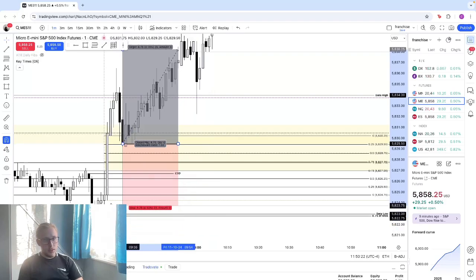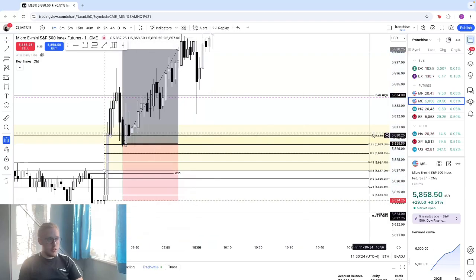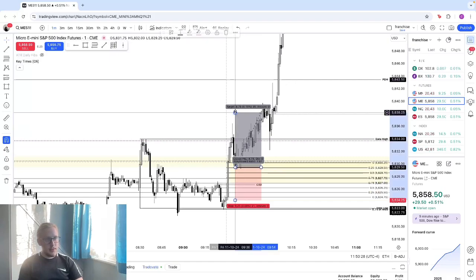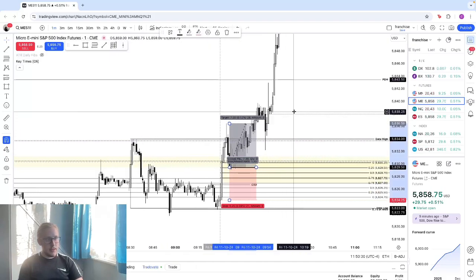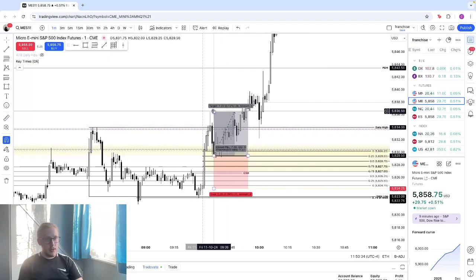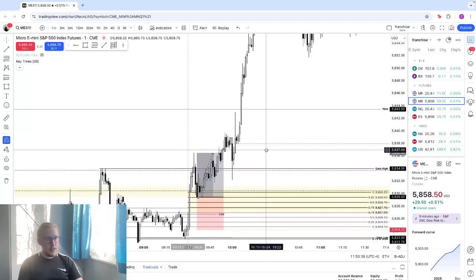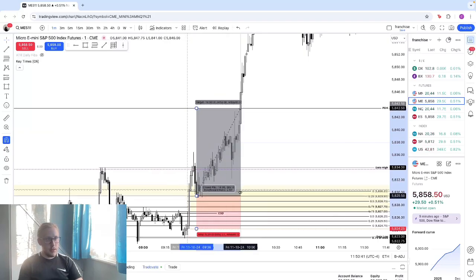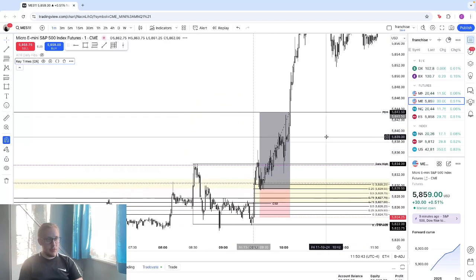Stop loss can go below the second wick, and targets can be, we'd already taken out data high, hence the quick retracement, so we could have had our target on previous day high, and bang, that's a simple trade.